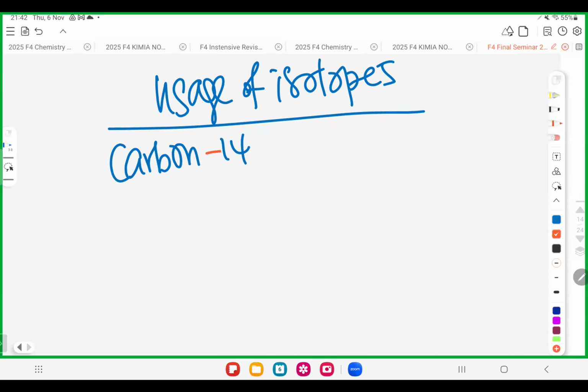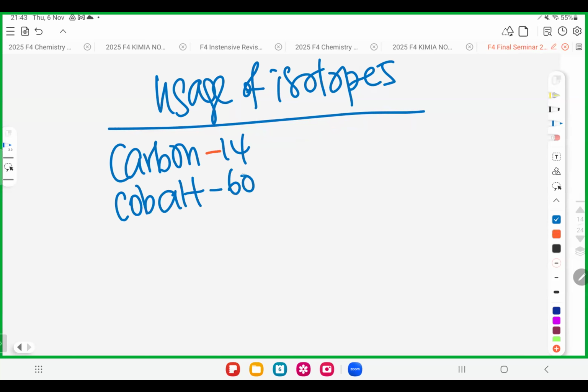You need to put the word dash because I think in the chat box I can see not many of you got put dash. So carbon 14 is used to determine the age of fossil and artifacts. If you found the bone of dinosaur, you want to know how old it is, you can use carbon 14.